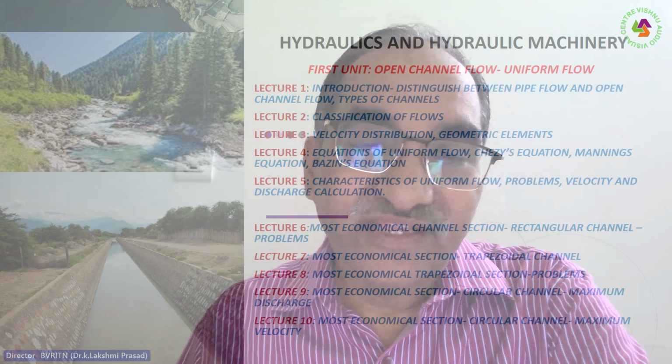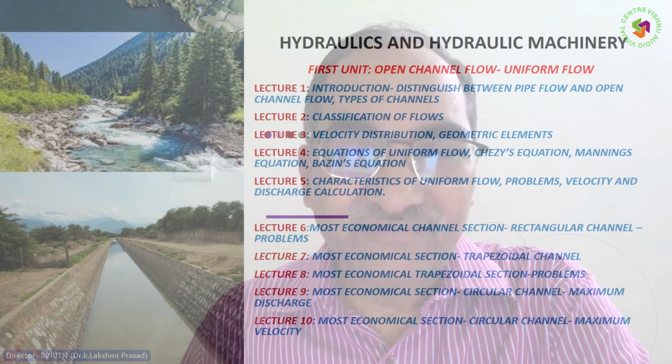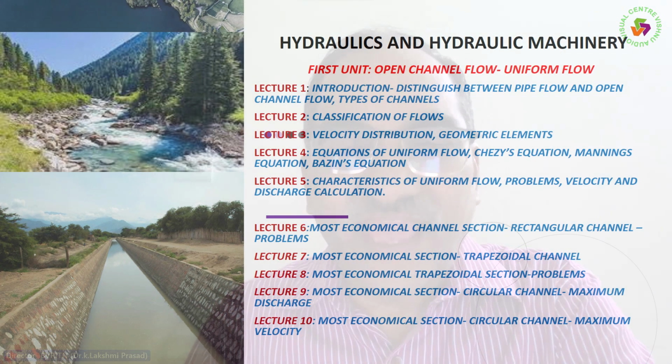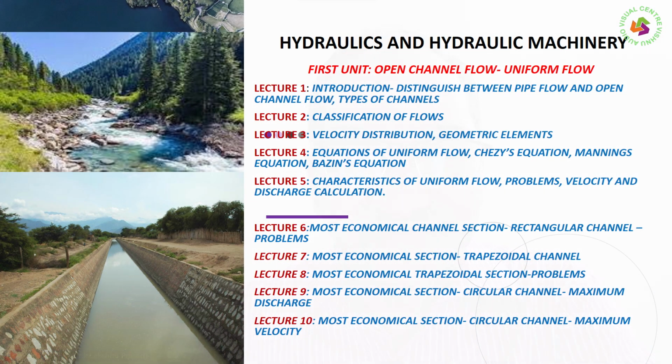If the channel section is rectangular, under what conditions does it become most economical? Most economical means it carries maximum discharge for a given area of cross section, for a given roughness coefficient, and for a given bed slope.